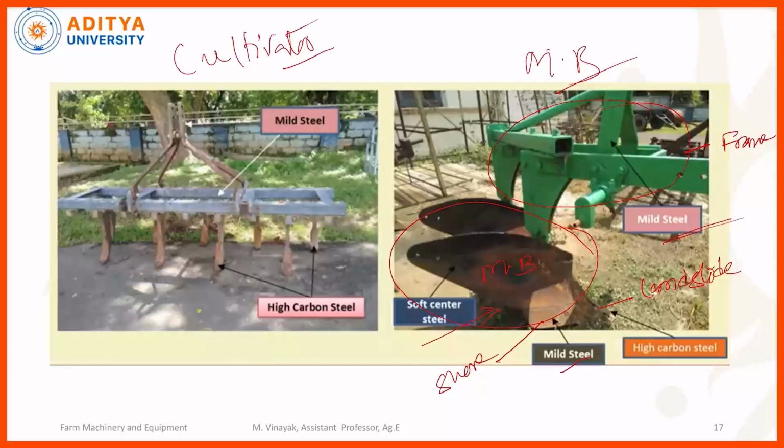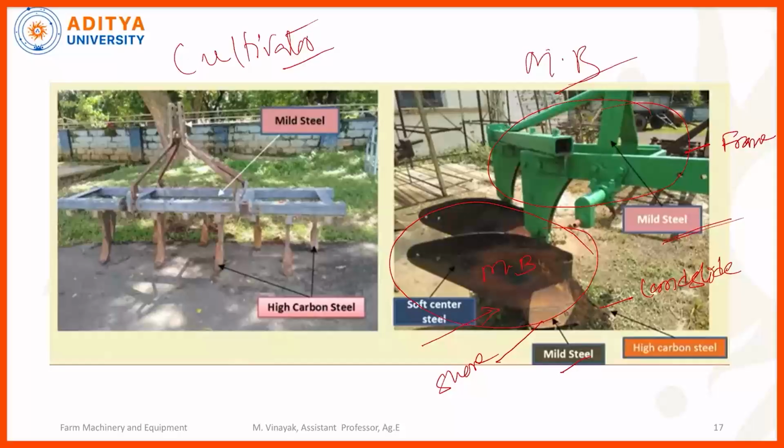Here we can observe that most of the soil interacting tools are made of steel, high carbon steel, normal carbon steel or mild steel. Why? Because steel cannot corrode easily. Because of the nature of steel, it does not react with other types of materials.